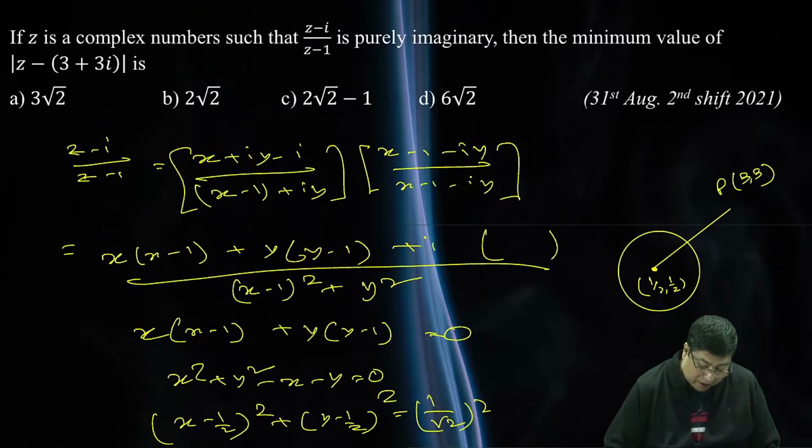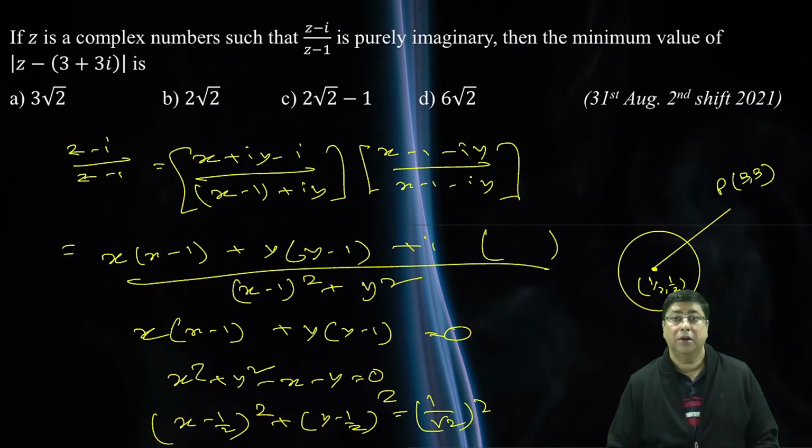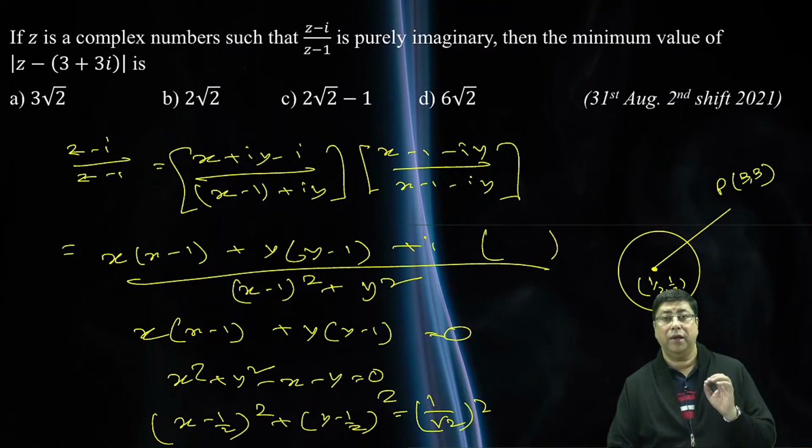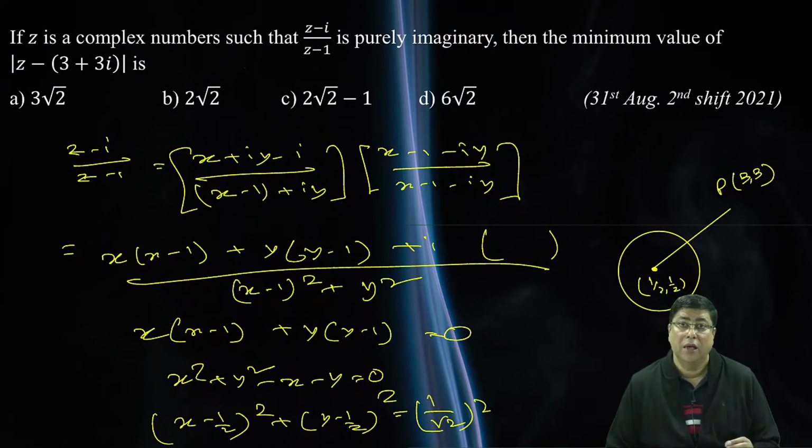Our target is the distance of any point satisfying the locus, it means on the circle, to the point (3, 3). Since we want the minimum distance, suppose this point is A, our target is AP.